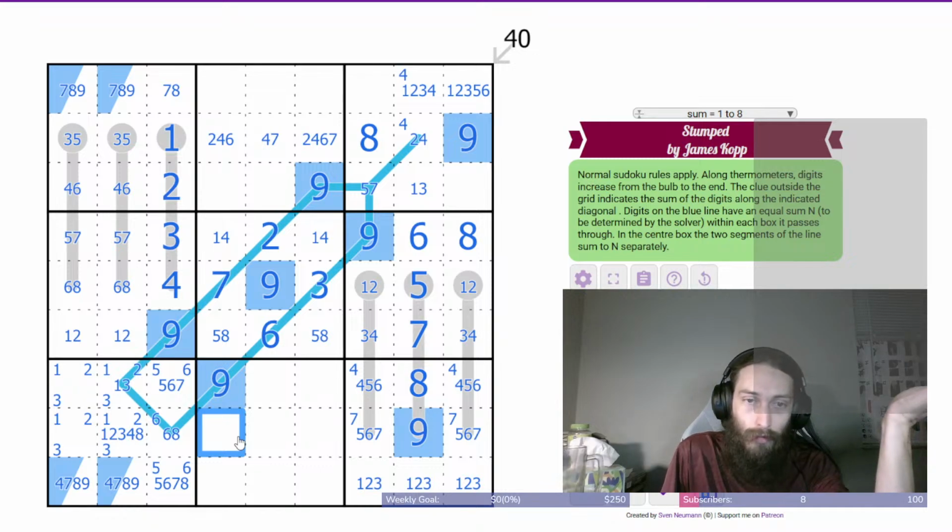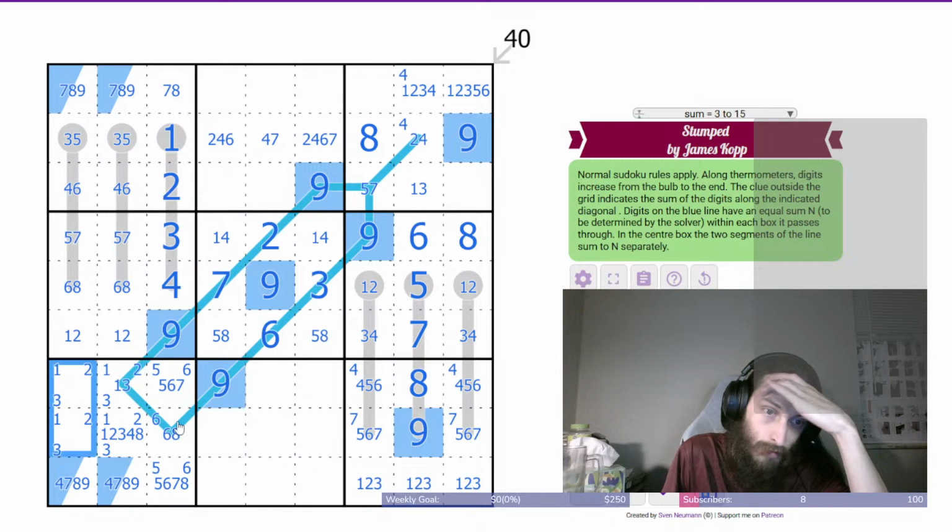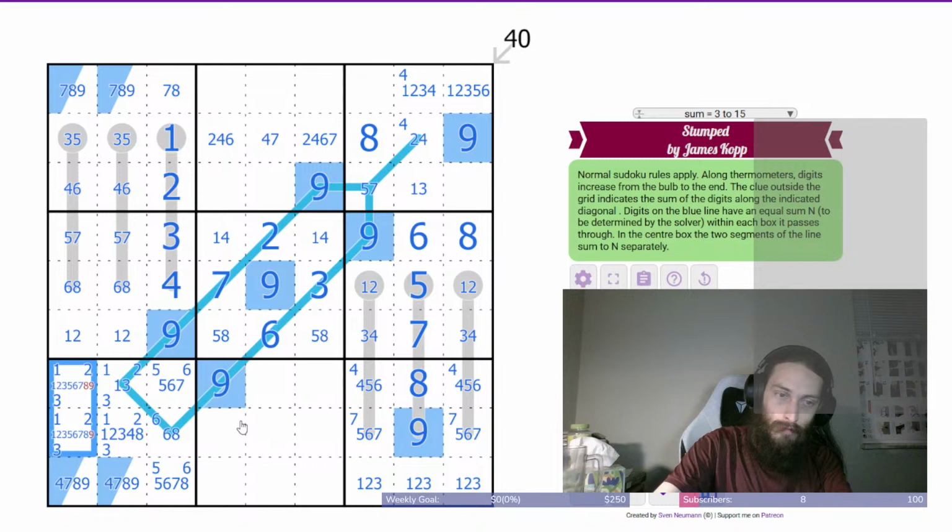We have 5 degrees of freedom from the bottom, it looks like. Five and 6 is out, so is 9. 1, 2, 3, 4. Missing? Don't have an 8 there.